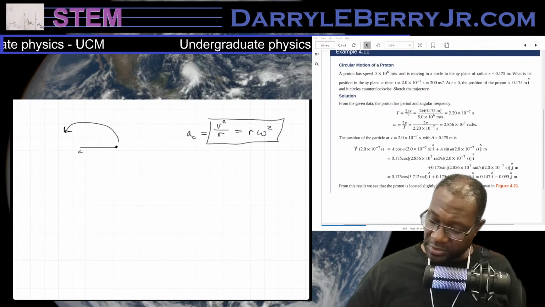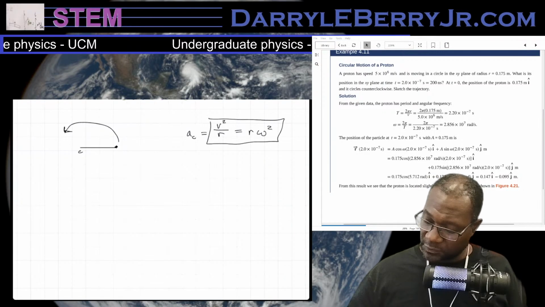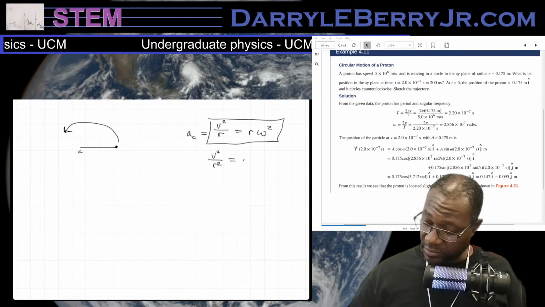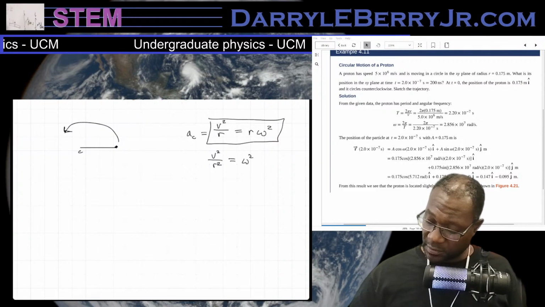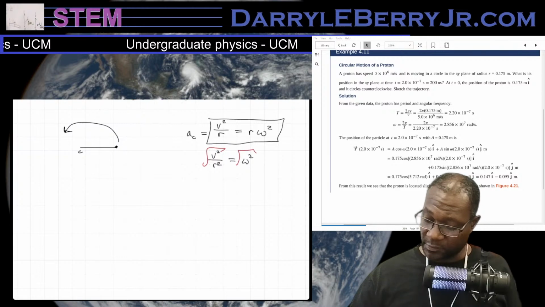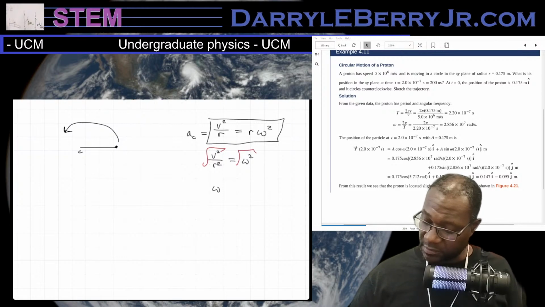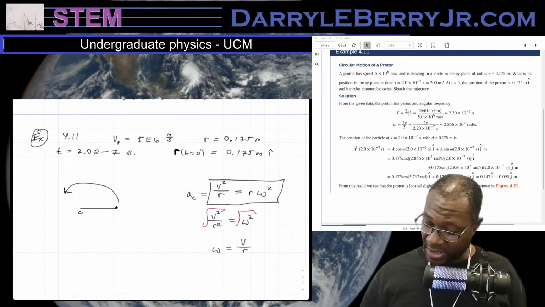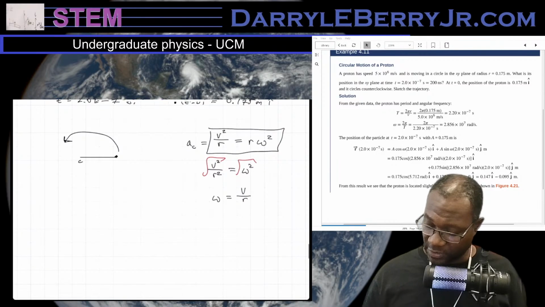So what we did earlier, we took these two and said v squared over r squared equals omega squared. Slightly different order, but same thing. So the angular frequency equals the tangential velocity divided by the radius. It gave us the radius and the tangential velocity.